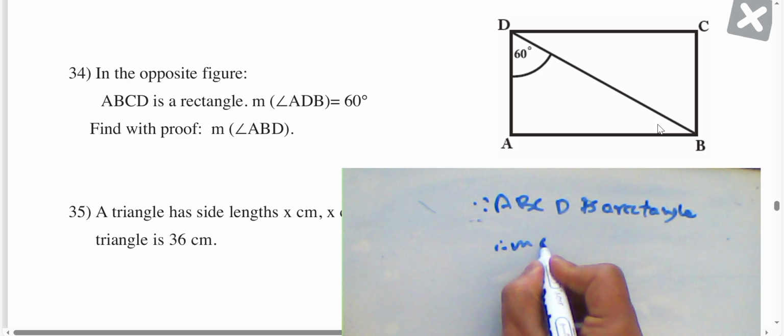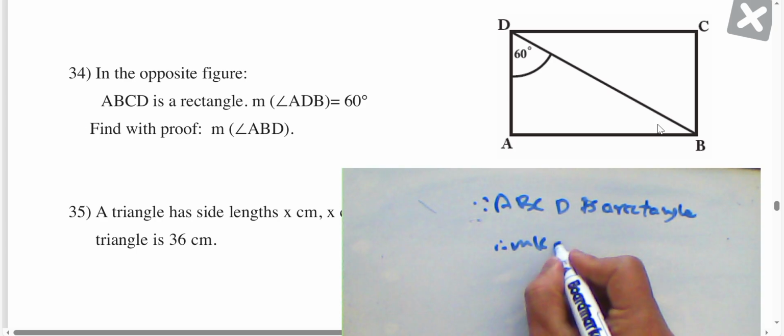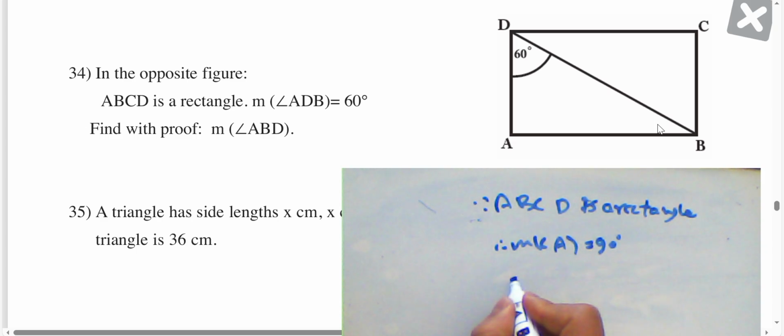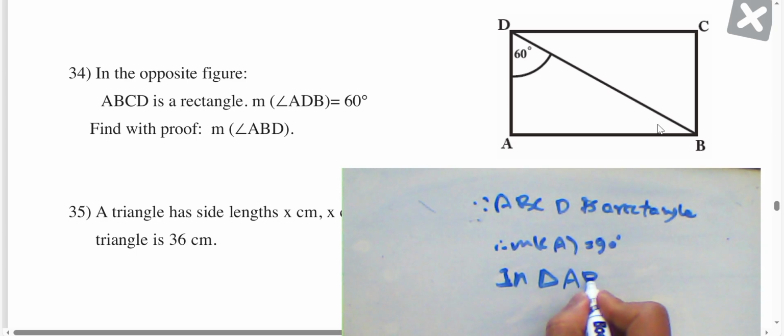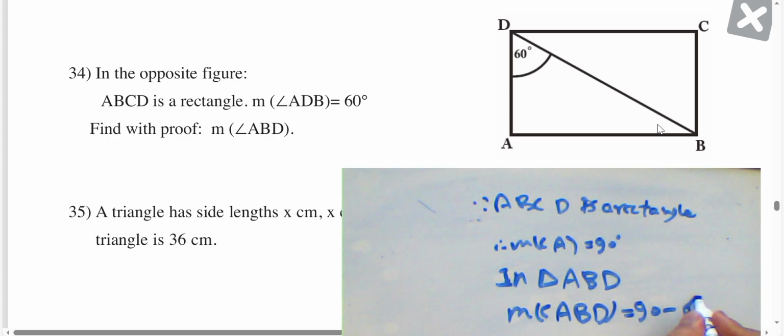It means the measure of any vertex equals 90 degrees. The measure of angle A was 90 degrees. Then we can write in triangle ADB, the measure of angle DBA, or ABD, equals 90 subtract 60 equals 30 degrees. We call them complementary angles.